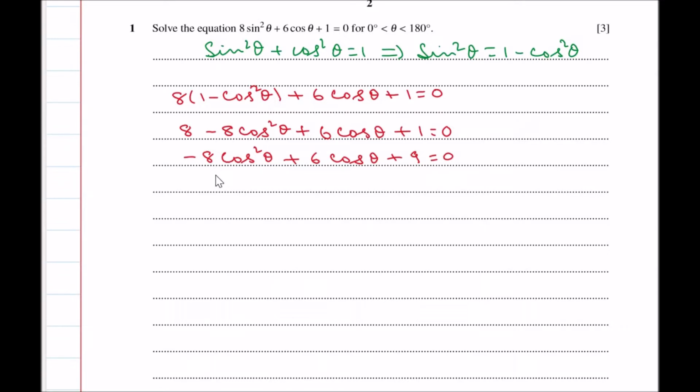Now let us make the first term positive. We need to multiply the whole equation by minus 1. So we get 8 cos square theta minus 6 cos theta, and it will be minus 9 here, equal to 0.